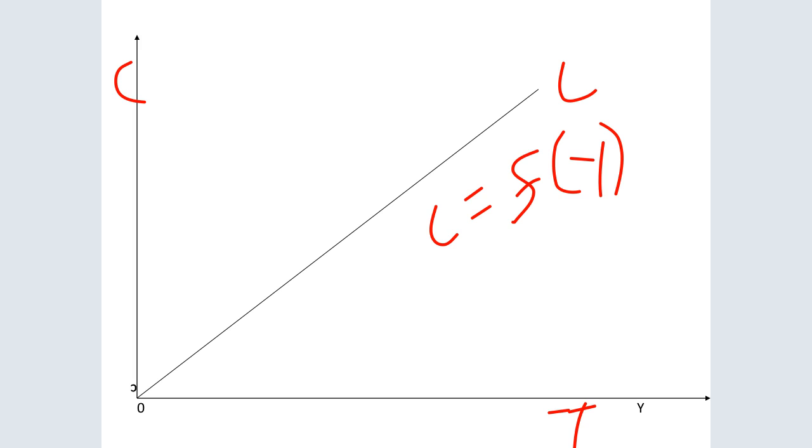It starts from the origin, implying that consumption purely depends on the level of income. That is in the long run. But in the short run, we said we have autonomous consumption and that part that depends on the level of income.